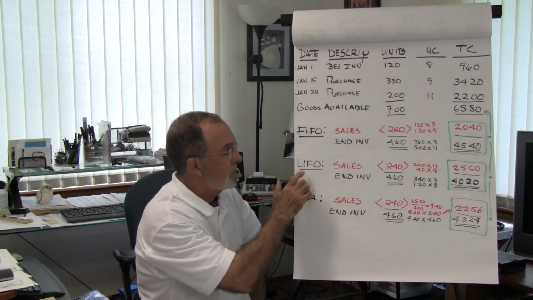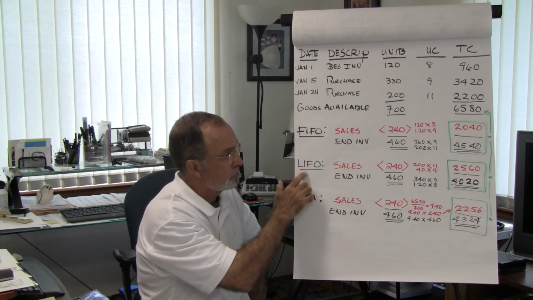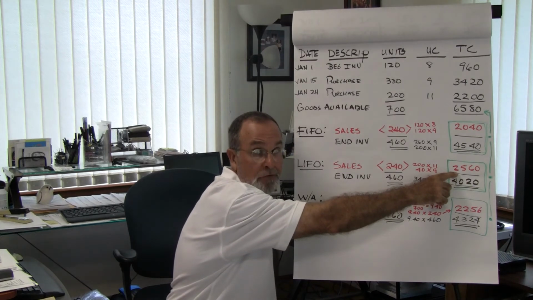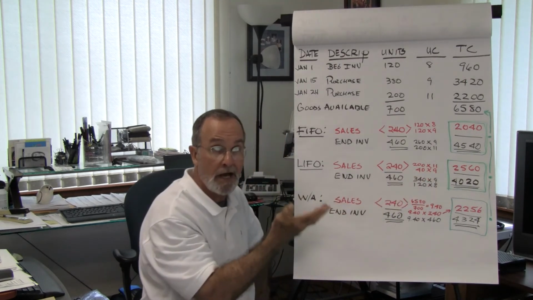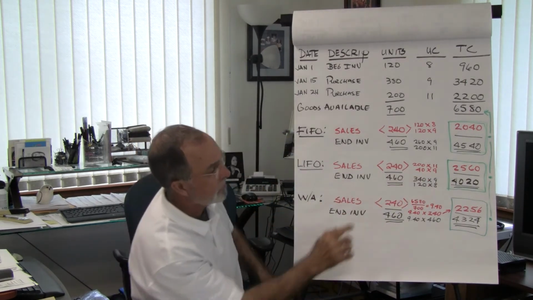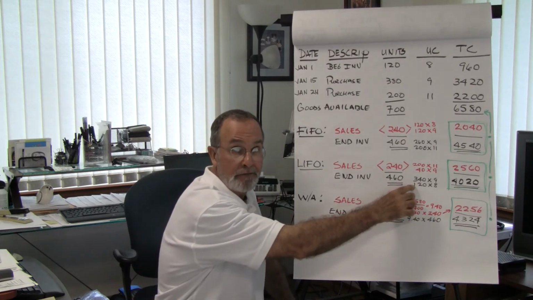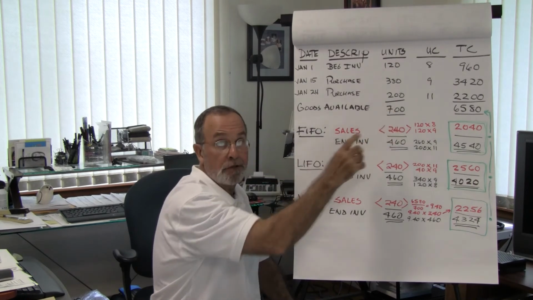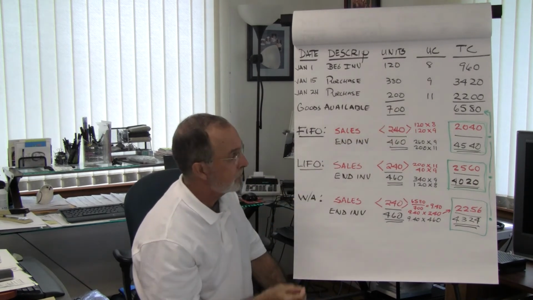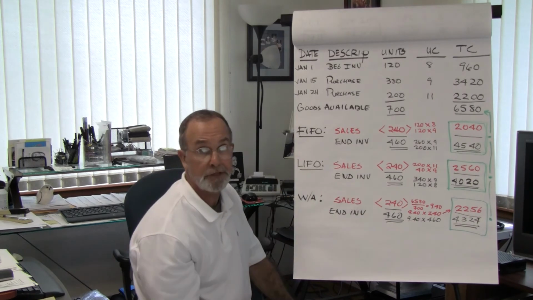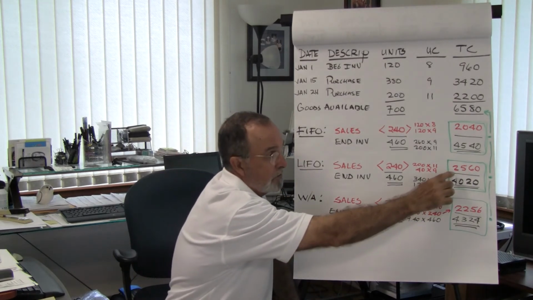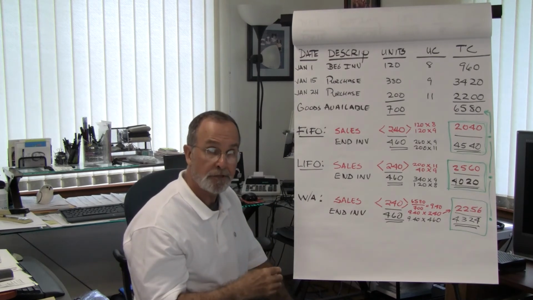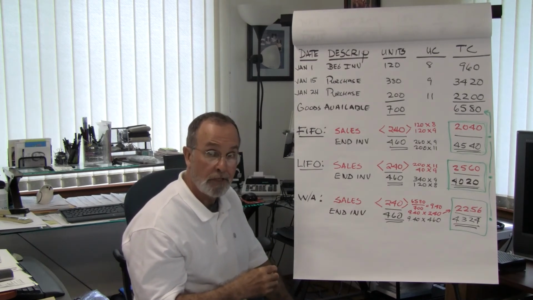When we use LIFO, our cost assigned to units sold is higher than our cost assigned to the ending inventory, because we assume our latest units are sold first. Therefore, under LIFO, during inflationary times, our cost of sales is going to be higher than if we used FIFO.